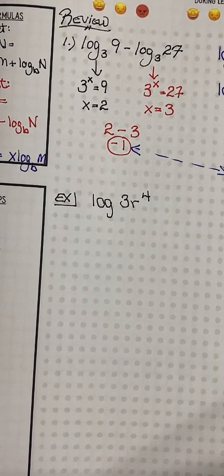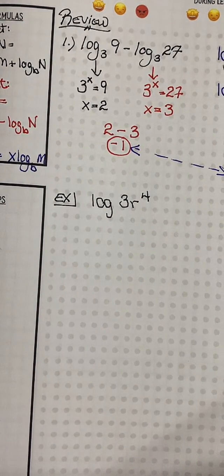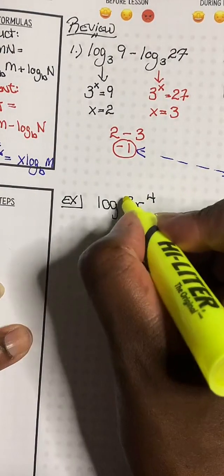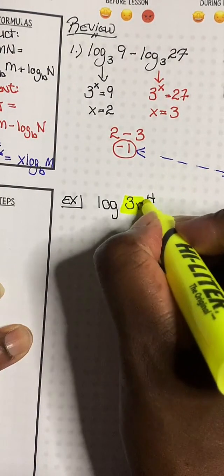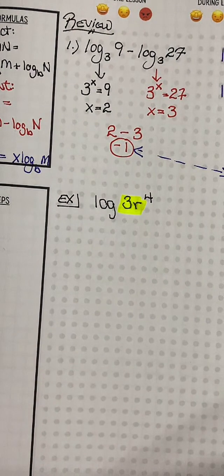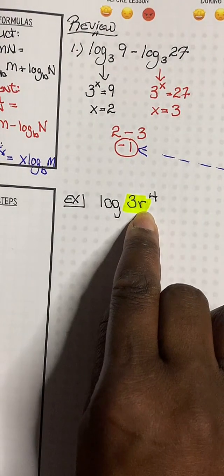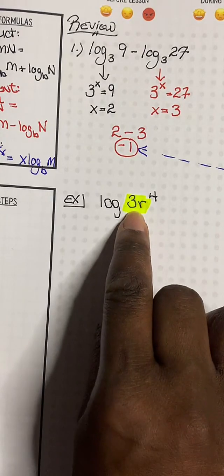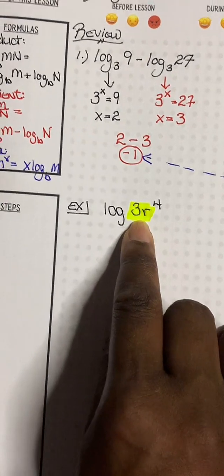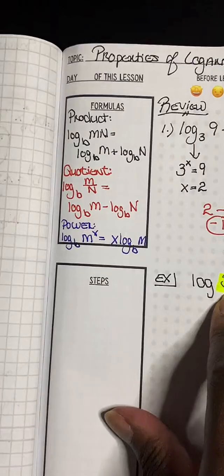Now, if I take a look right here in the center, the 3 is actually being multiplied to the r. So since it's multiplication, we're looking at the product rule.